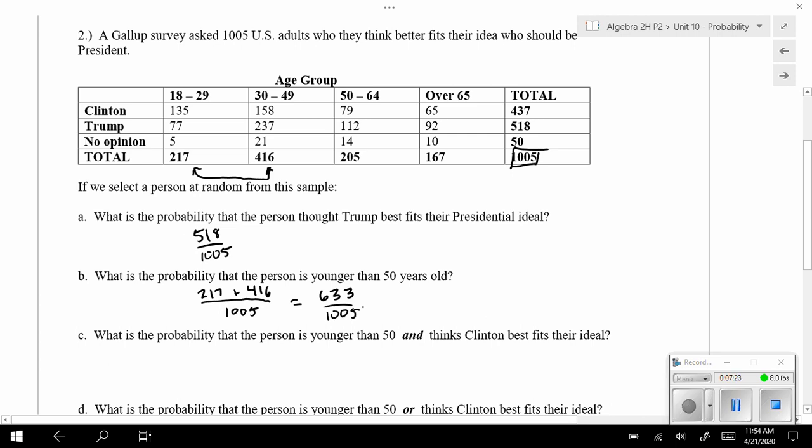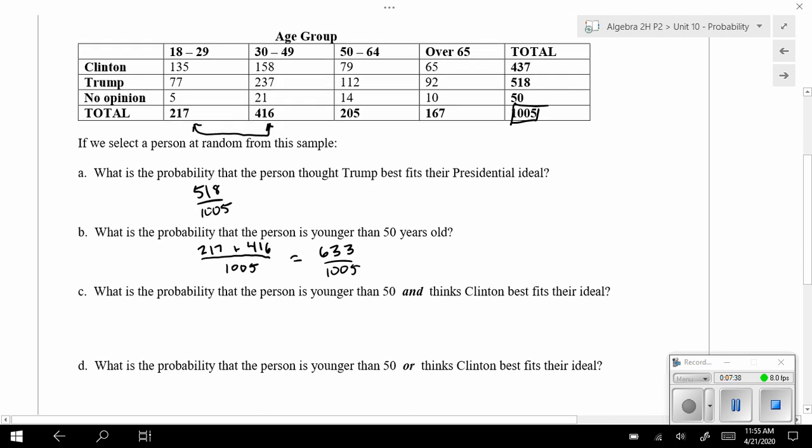Now, those two events I didn't have to subtract any overlap because they're in two separate columns. They are mutually exclusive. A person can't be in the 18 to 29 range and the 30 to 49 range at the same time.